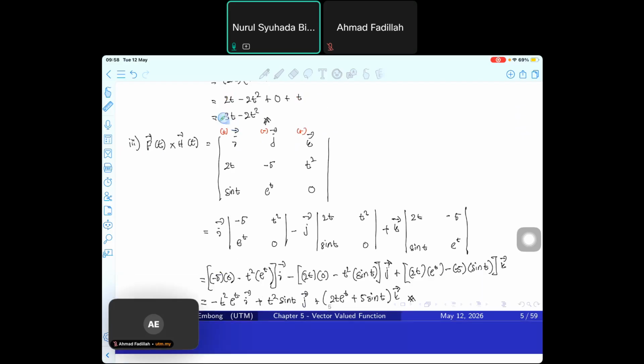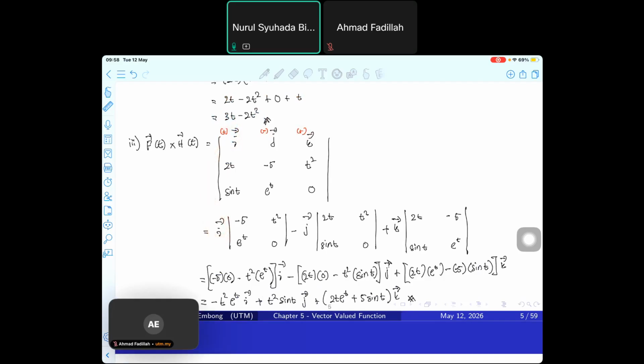Keep in mind you have the signs plus, minus, plus for i, j, k. I'm going to expand this cross product. First, I take the ith component and put it over here.